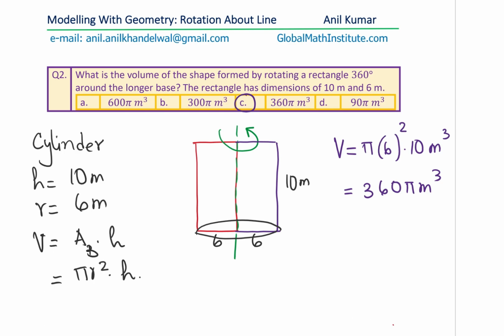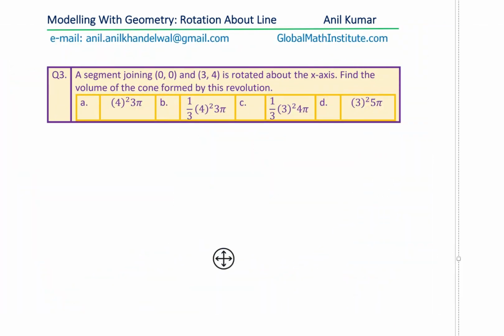So I hope with the first two examples, the concept of rotation about this, you may call this an axis, is absolutely clear. Now let me take another example, which is a different kind in the sense that we are involving a coordinate plane. So now the question here is, a segment joining 0, 0 and 3, 4 is rotated about the x-axis. Find the volume of the cone formed by this revolution.